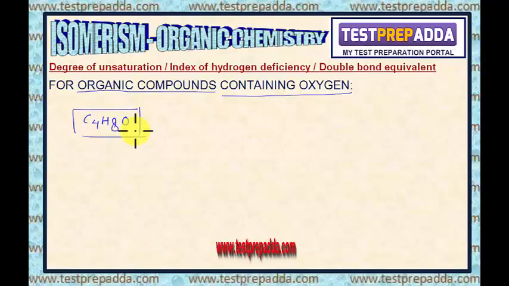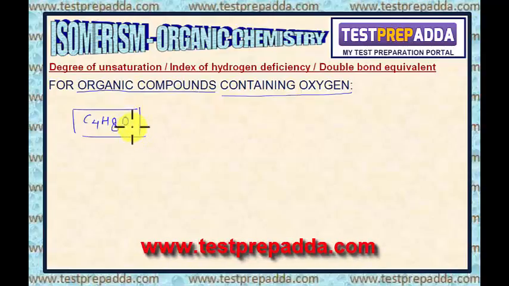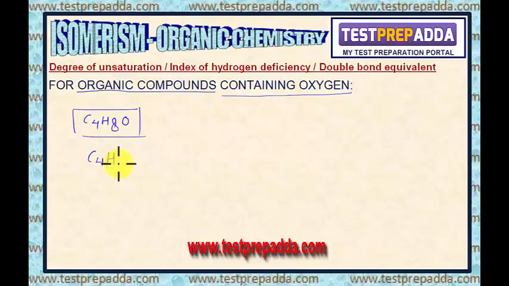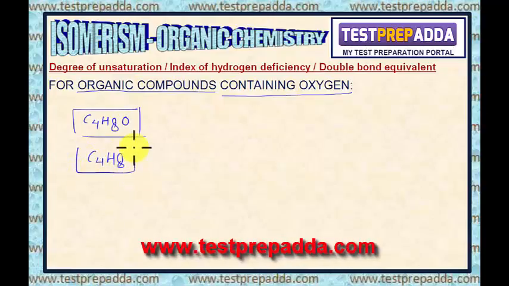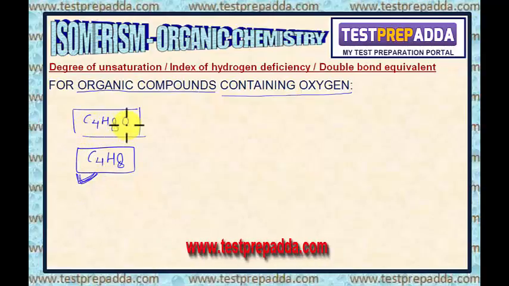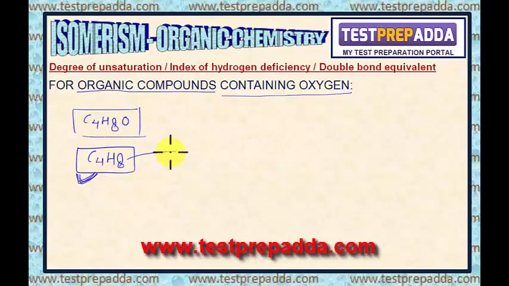So to find the degree of unsaturation, we will remove this oxygen atom and write the corresponding hydrocarbon C4H8. So just find the degree of unsaturation for this. The same will be for C4H8O.